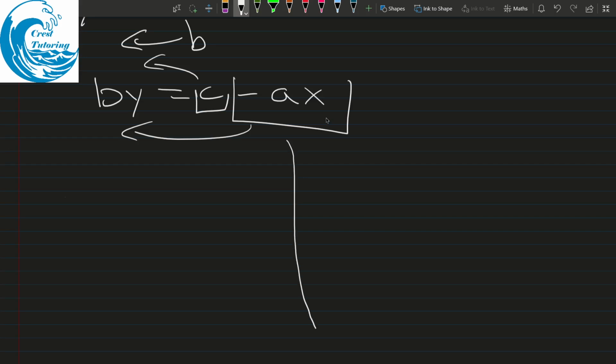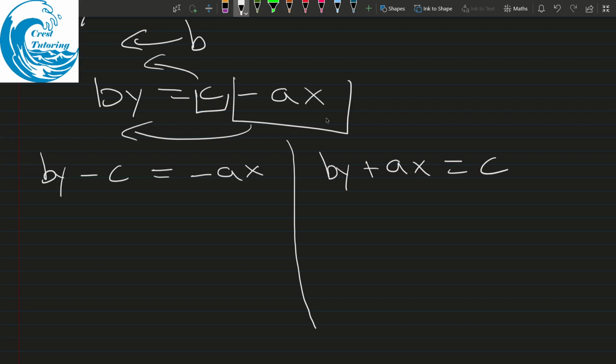This is going to be the part where I brought over c, so it's by minus c equals minus ax, and this side is going to be by plus ax equals c. So they're the two different ways you could have gone about it.